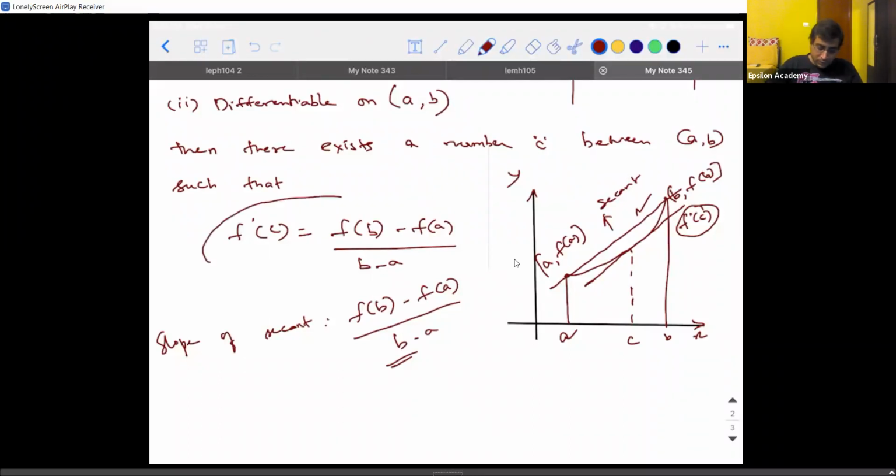That is what this expression means. So basically, f dash of C is nothing but the slope of the tangent to the curve at the point C, and f of B minus f of A divided by B minus A is nothing but the slope of the secant. I hope it is clear.